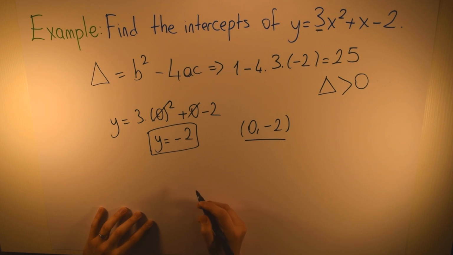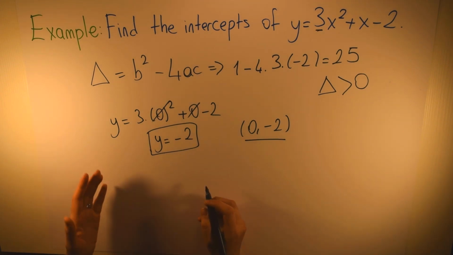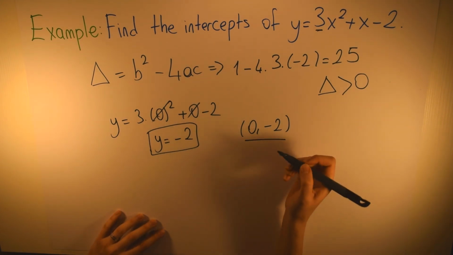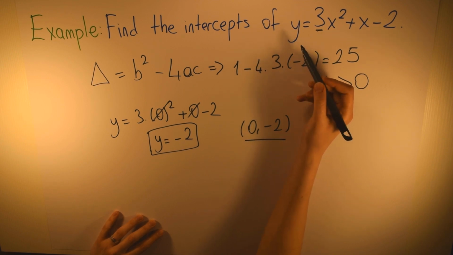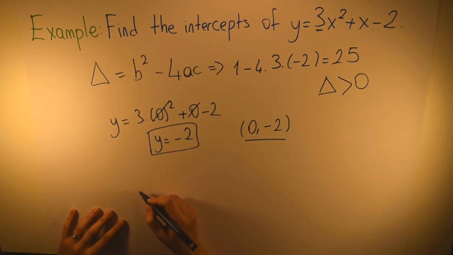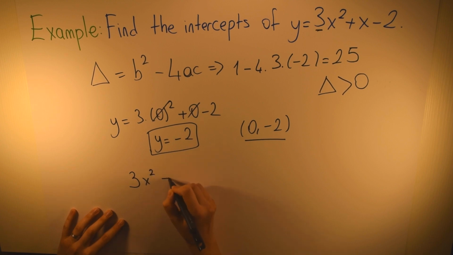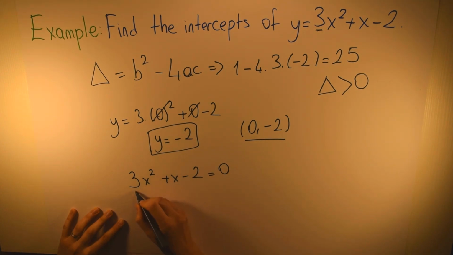To find the x-intercepts, it's the same thing, but now instead of y, I write 0. So it will be 3x squared plus x minus 2, which is equal to 0. I think I can factor this quadratic equation. It is 3x and x, minus 2 plus 1.